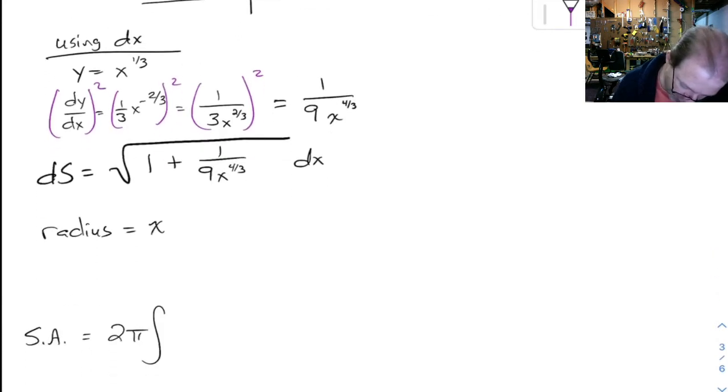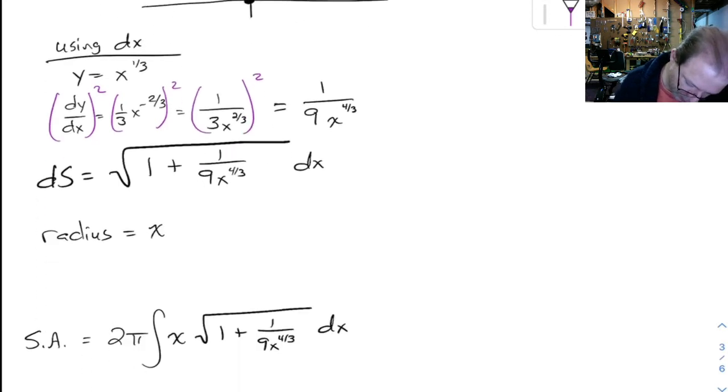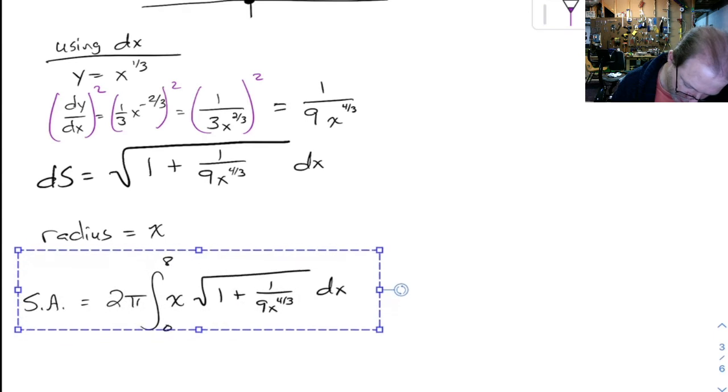So we get 2 pi x times the square root of 1 plus 1 over 9x to the 4/3 dx. And our endpoints go from the middle out to here, so from x equals 0 to x equals 8. And that is our surface area integral.